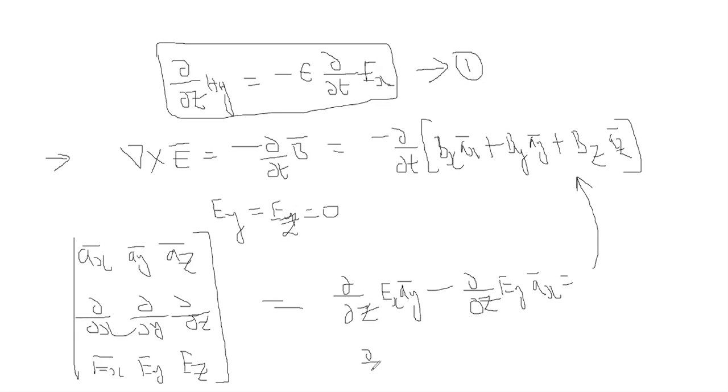So dou by dou z of Ex Ay bar only. What is the Ay bar coefficient here? Minus dou by dou t of By.